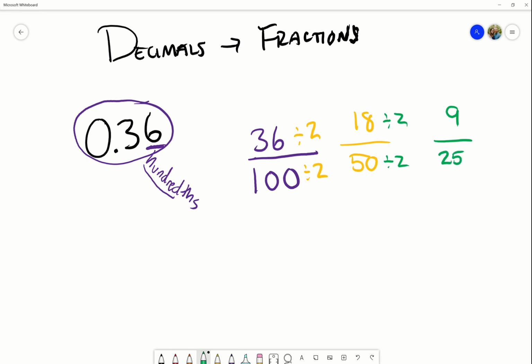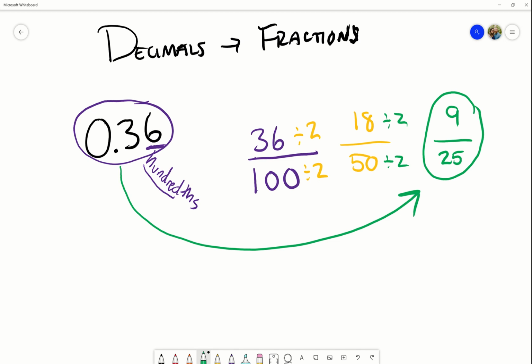And 9 and 25 cannot both be divided by the same thing. Therefore, this is the answer to this decimal. 36 hundredths is the same as 9 25ths. 9 25ths equals 36 hundredths.